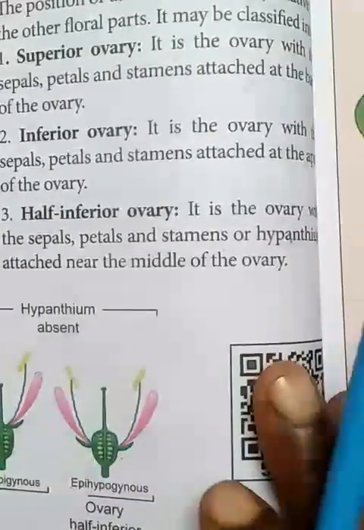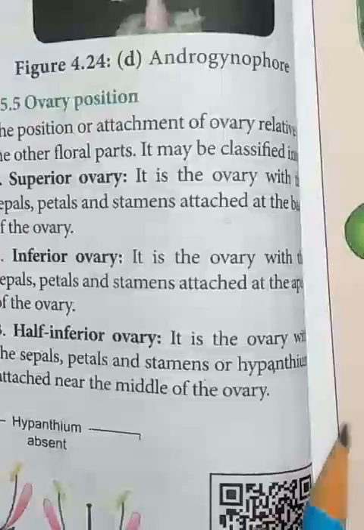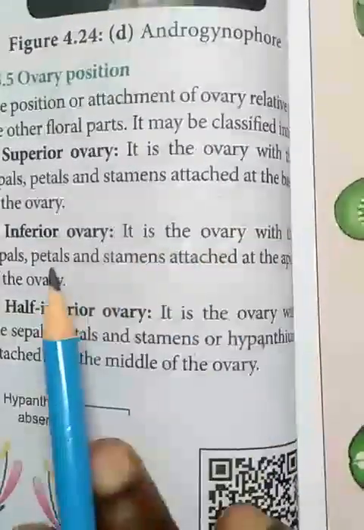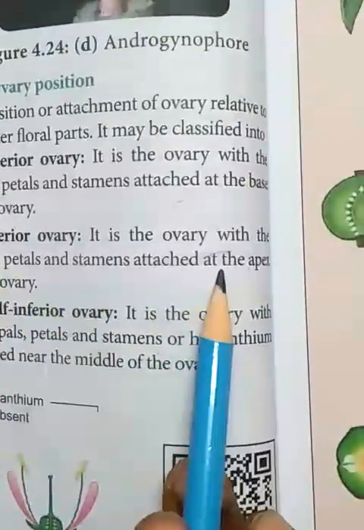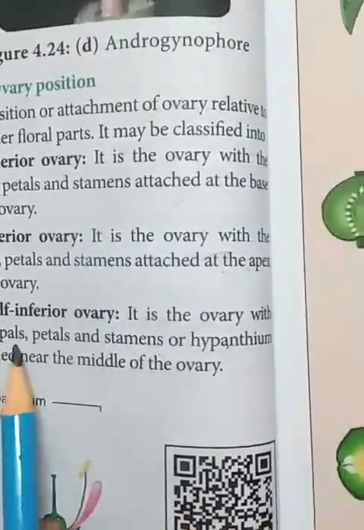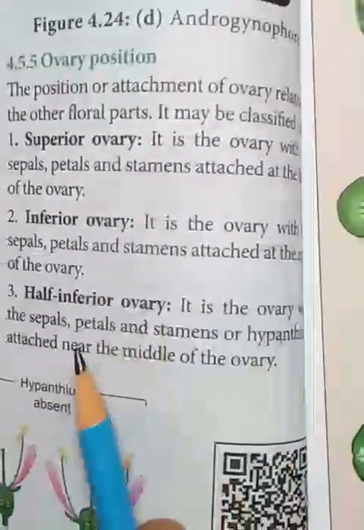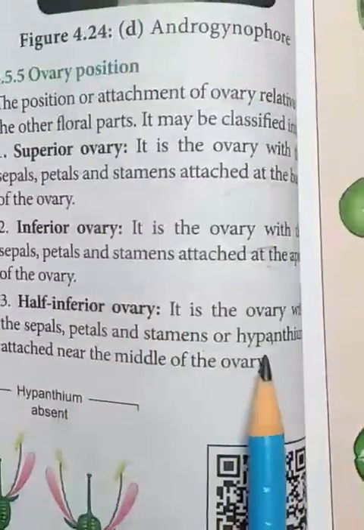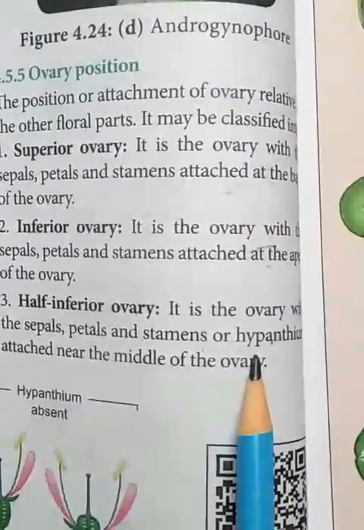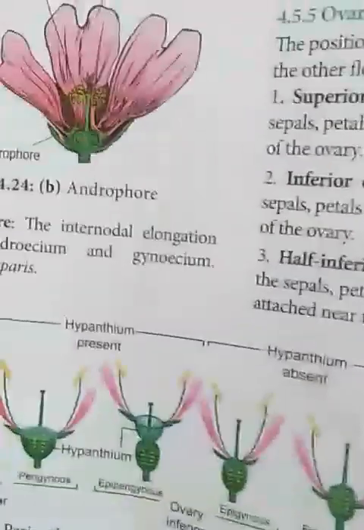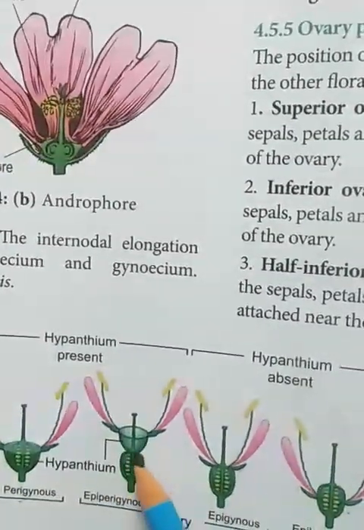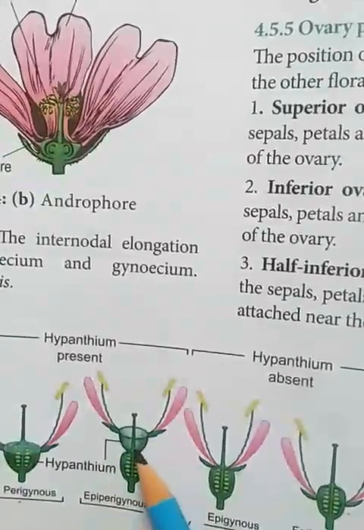So based on the position, they are of three types: superior ovary and inferior ovary. Inferior ovary: the ovary with the sepals, petals and stamens attached at the apex of the ovary. Half inferior ovary: the ovary with the sepals, petals and stamens or hypanthium. Hypanthium is a nectariferous, nectar-containing cup-like structure.